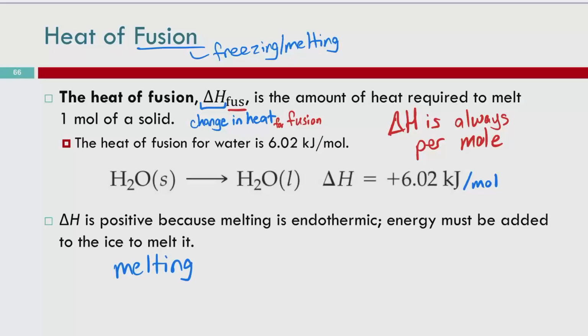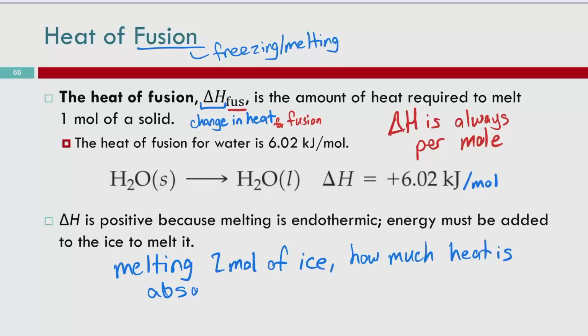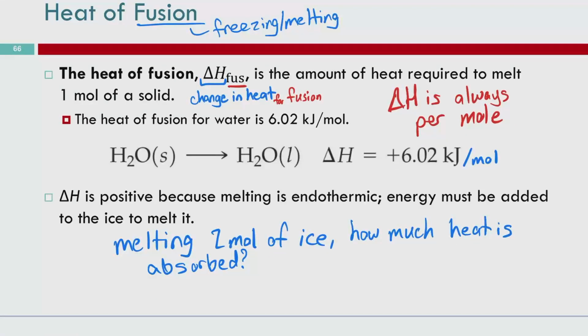So let's say that we're melting 2 moles of ice. How much heat is absorbed? This change from a solid to a liquid is 6.02 kilojoules per 1 mole.